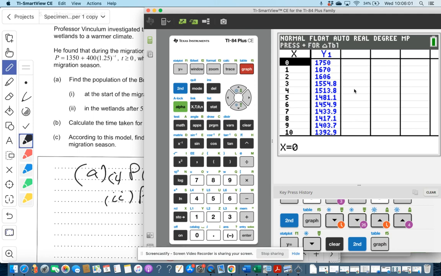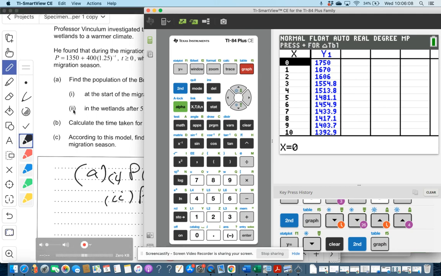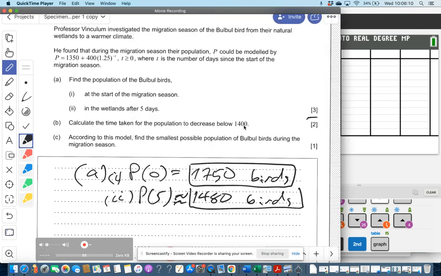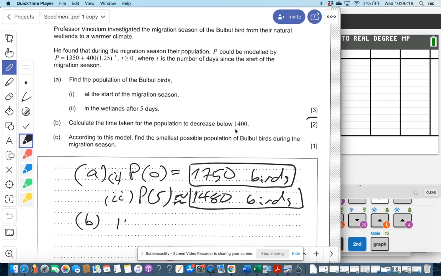All right, so B says count the time taken for the population to go below 1400. So again, we could solve this equation algebraically, not in our course. We'd use logarithms. But we're going to just use the calculator.